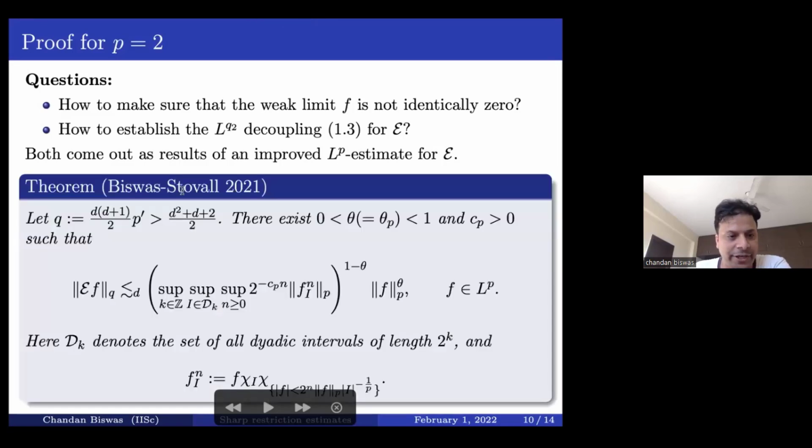And this is the precise statement. So again, we start with these exponents q and p satisfying this relation.